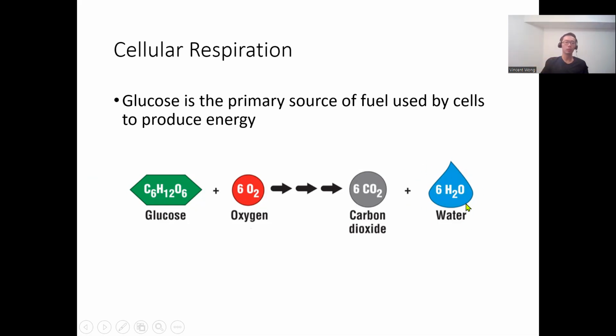The water, we either pee it out or it stays in our blood. This process happens within our cells and produces energy for our body. This is called cellular respiration. We will learn a lot about this process in lecture 5, but that's the main reaction that provides us with energy.